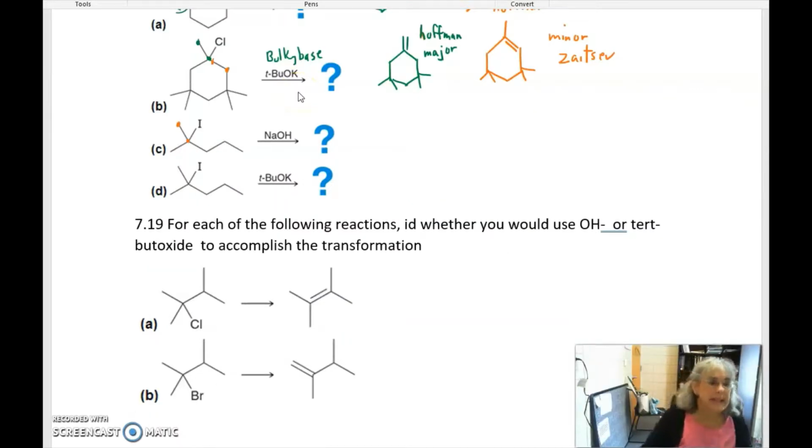Okay, so let's look at C. We can have a double bond formed between the two orange dots, whereupon we'll get something that looks like this. Or we can pull our proton from here and get a double bond between the two green carbons, and then we'll get something that looks like this.